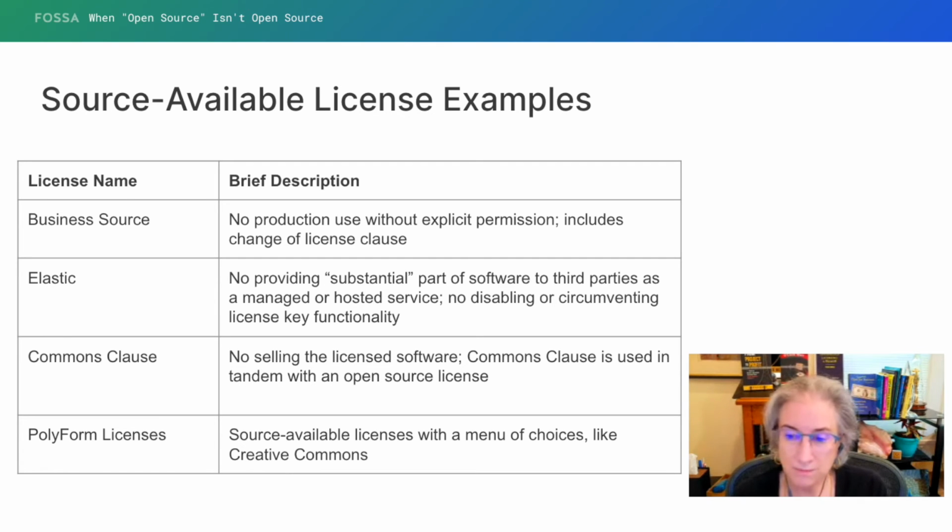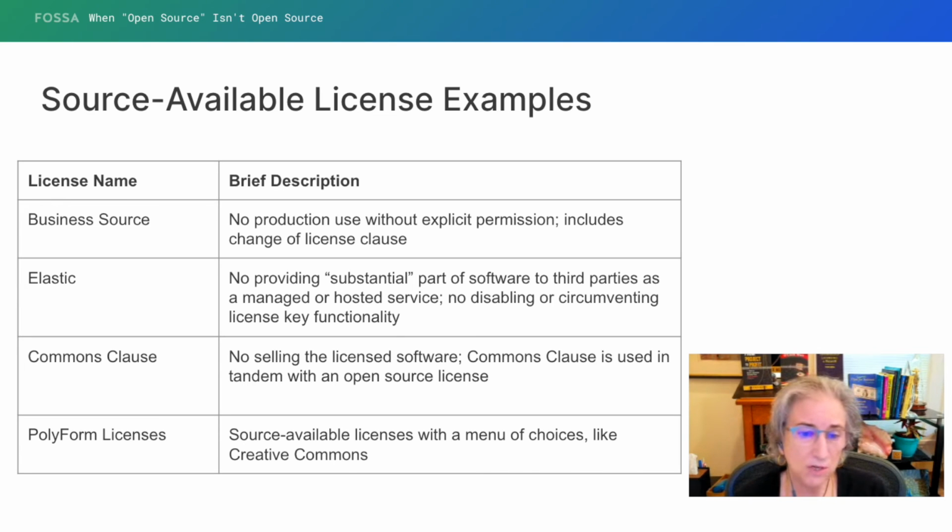So it's not protecting the distribution business, only the cloud business. So that's a strategic decision. Elastic also has another restriction, which is that you can't disable the license key functionality because Elastic controls some of its paid features by putting them in the software, but having them not be turned on unless you paid for them.